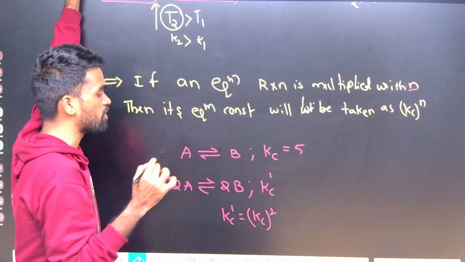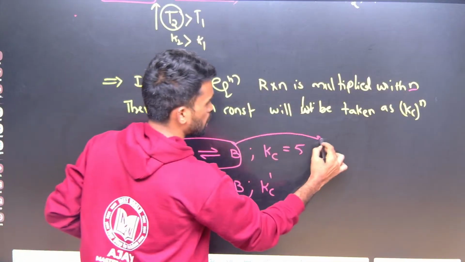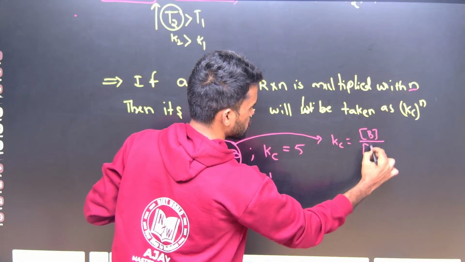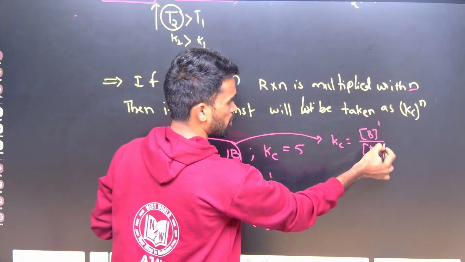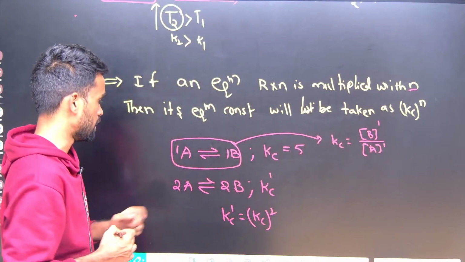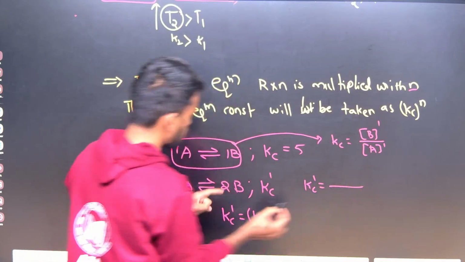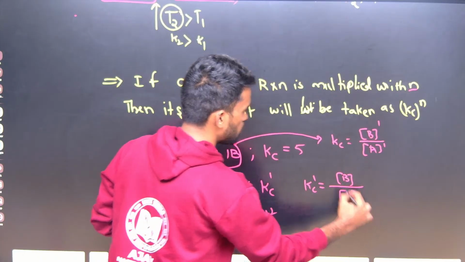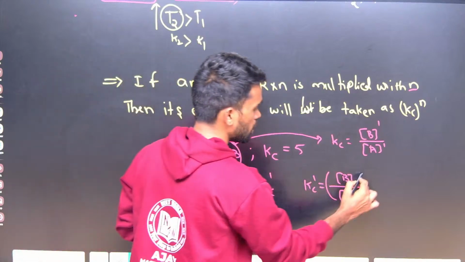Why is it to the power 2? Because for this particular reaction you will write equilibrium constant Kc equals concentration of product by concentration of reactant. Whatever the stoichiometric coefficients are there, take them to the power of that concentrations. Okay, right. So here Kc dash will also be written as Kc dash equals concentration of B by concentration of A to the power whatever the stoichiometric coefficient we are seeing here, to the power 2.